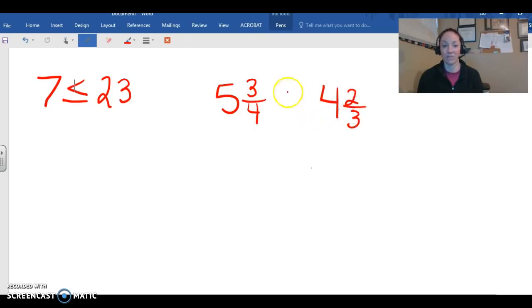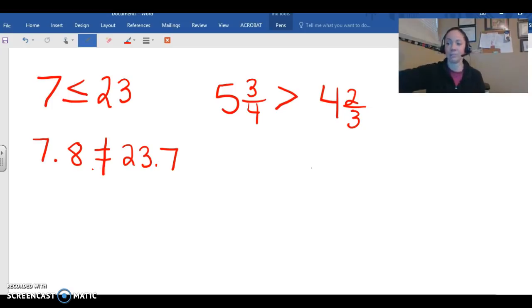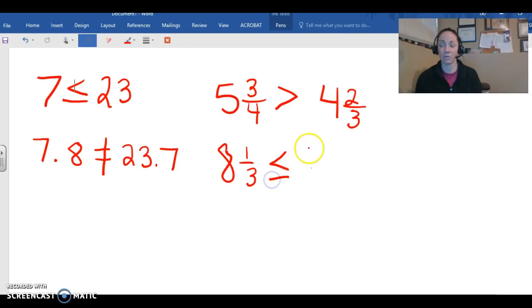Well, we know that 5 3/4 is definitely greater than 4 2/3. What about 7.8 compared to 23.7? Well, those are definitely not equal to one another. Here we'll do one more. All right. 8 1/3 is less than or equal to 8.7.